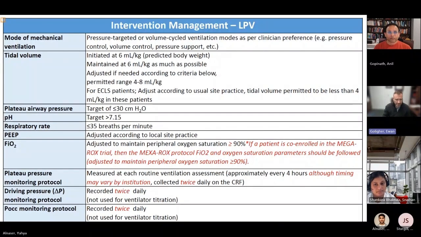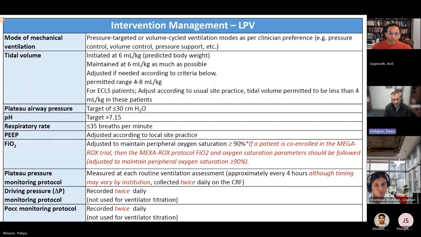So basically this table outlines how the ventilator is supposed to be set to follow the LPV protocol. So you have flexibility about the mode according to what you normally prefer to use at your center. I know many American centers prefer volume control initially or before transition to pressure support. Others use pressure targeted modes.